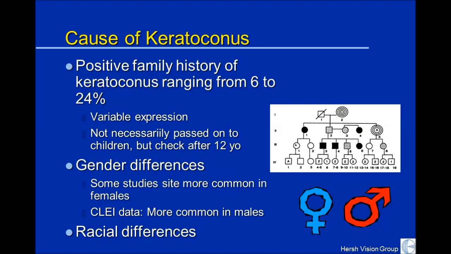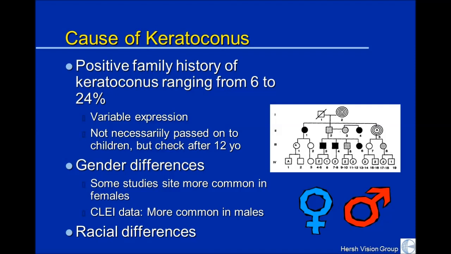People always ask, is this something that I can pass on to my kids? Well, very likely to some extent, keratoconus is an inheritable problem. There is an actual positive family history in about 10% to 25% of people, but it is something that's not like blue eyes or right-handedness.